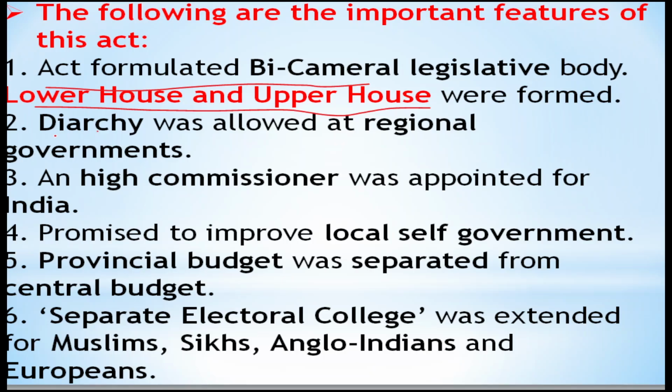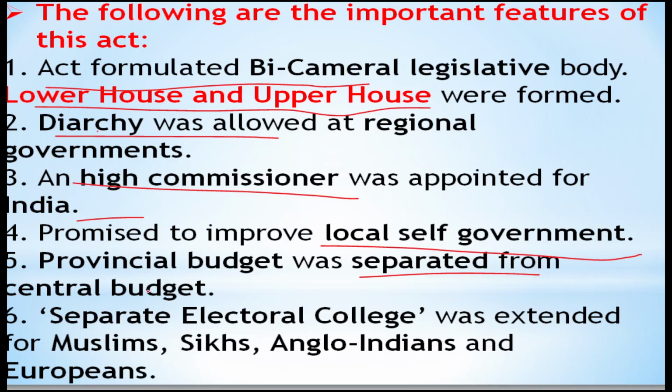And a High Commissioner was appointed for India. It promised to improve local self-government. The provincial budget was separated from the central budget. Before, according to 1909, only Muslims had a separate electoral college. Now along with the Muslims, Sikhs, Anglo-Indians and Europeans had separate electoral colleges.